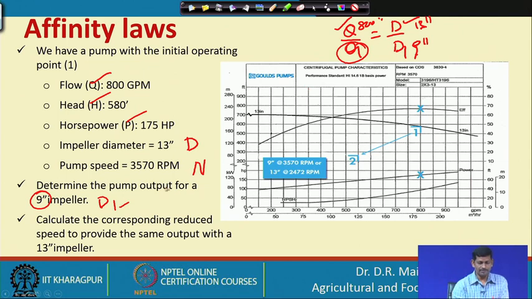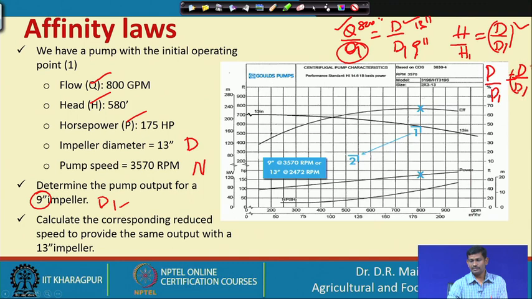That gives the pump output, and similarly, once you know Q by Q1 and D by D1, you can calculate the other parameters, like H by H1 is equal to (D by D1) square, and similarly P by P1 is equal to (D by D1) cube.